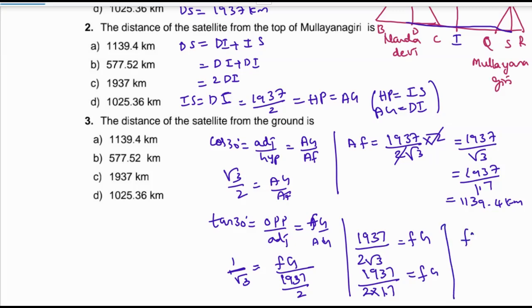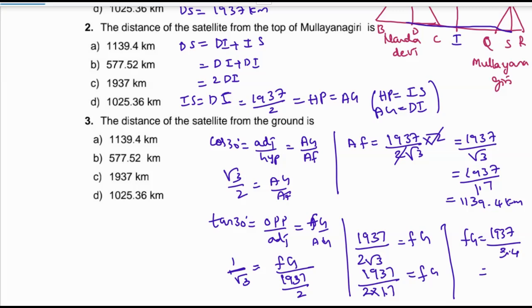Then FG will be 1937 divided by 2 into 1.7, that is 1937 divided by 3.4.